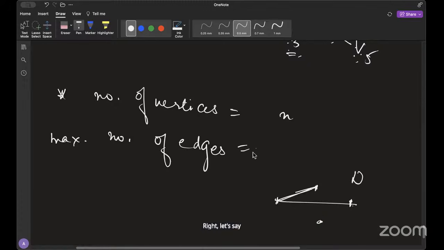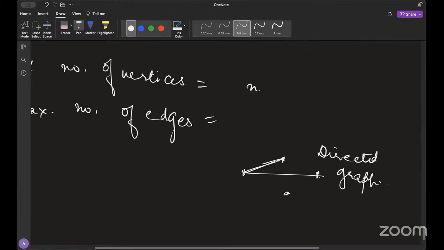Let's take the example of a directed graph. If it's a directed graph, that means this edge, and this edge, 3 edges so far. Now we'll come to this vertex, so we'll have this edge.